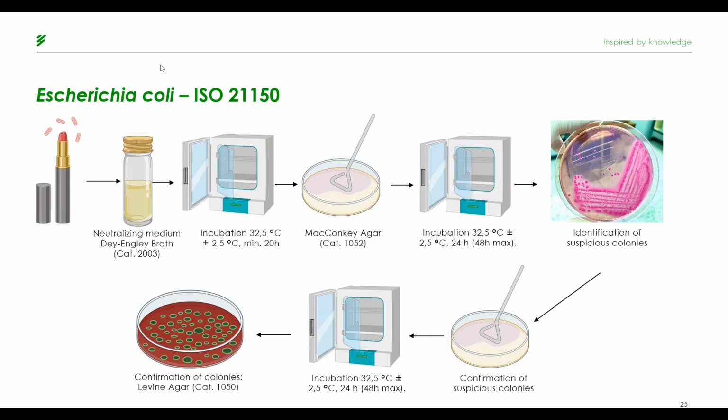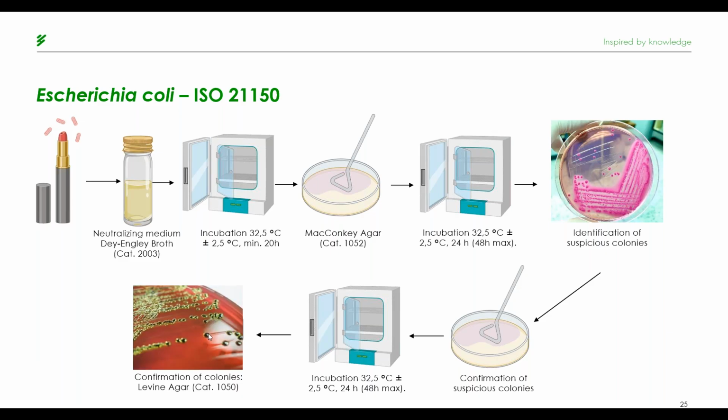That is, they are dark colonies, mainly green, with a slightly bluish greenish tint and a metallic green appearance. We can see that in the picture. We can see the metallic green colonies of E. coli.